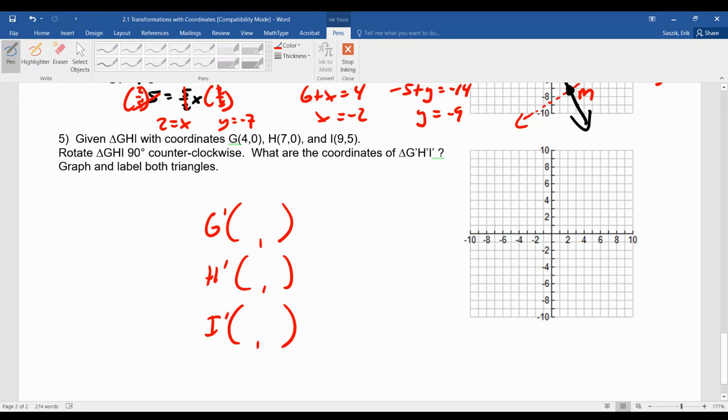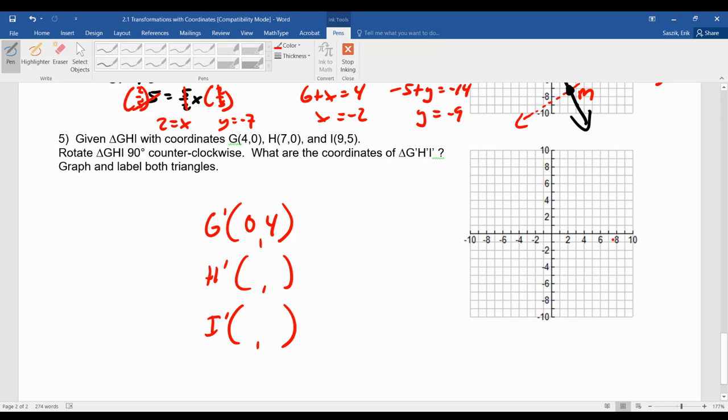So if we have 4, 0, and we go 4, 0 will be there, and we go 90 degrees counterclockwise, we're going to end up there. So that's just going to be 0, 4. Remember, 90-degree rotation, X and Y flip-flops.